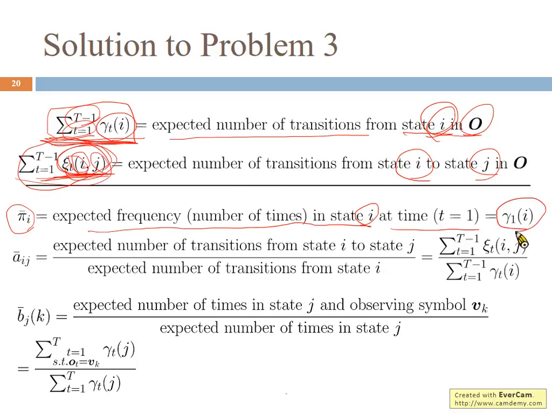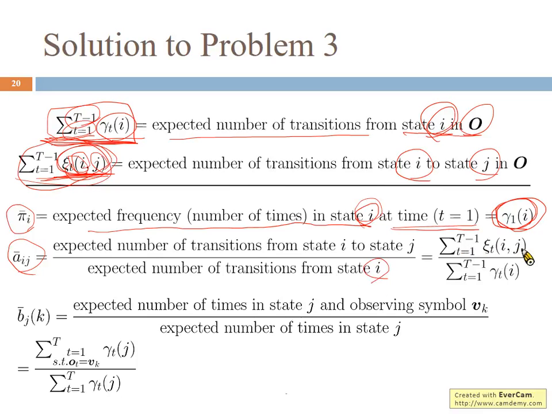That is gamma_1(i). And then a_ij would be the expected number of transitions from state i to state j divided by the expected number of transitions from state i.